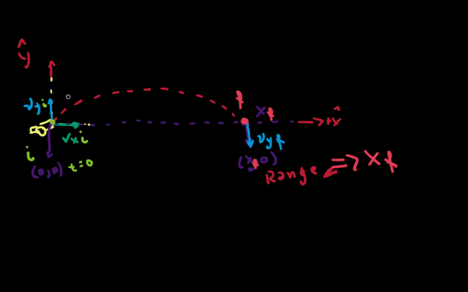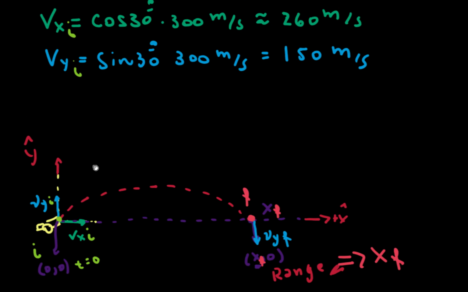That is the same as velocity initial on the y, except it's inverted in sign. So simply by making that argument, you can say the velocity y final is minus 150 meters per second.